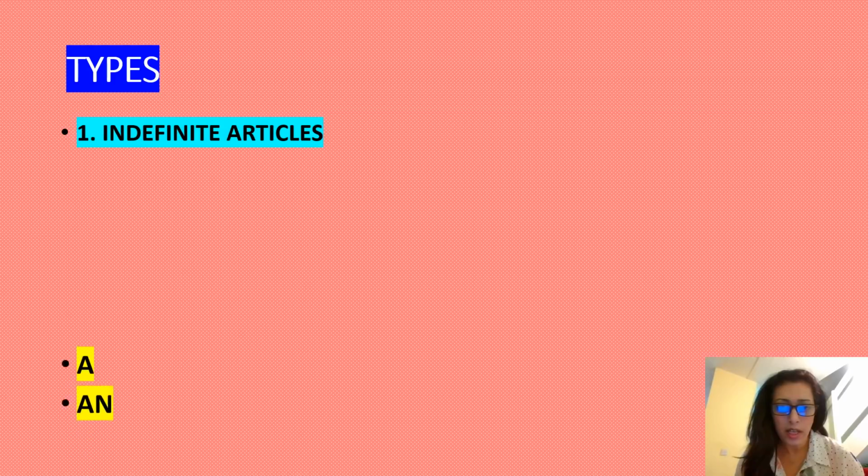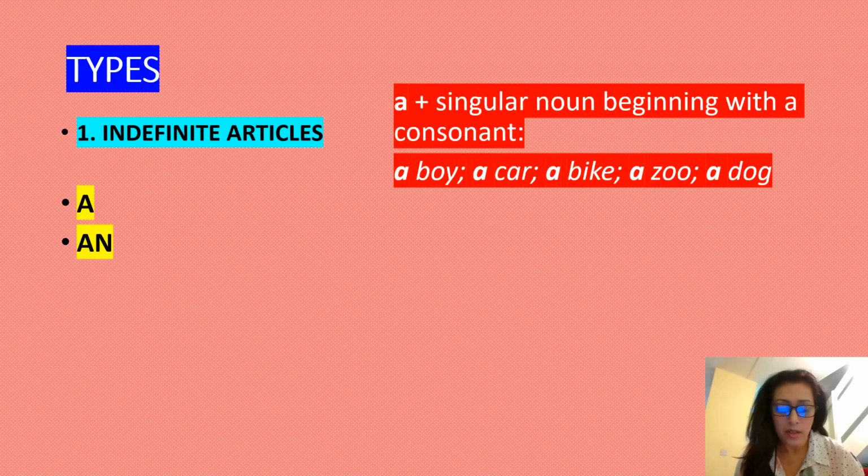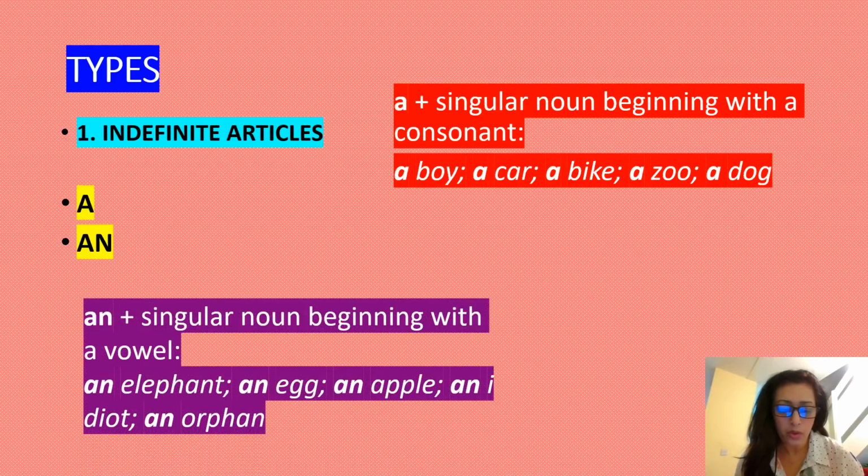So moving on to the types, the first is the indefinite articles. Now a and an signal that the noun is modified and is indefinite. It refers to any member of a group. Remember, using a or an depends on the sound that begins the next word. So this is what you need to be careful about.